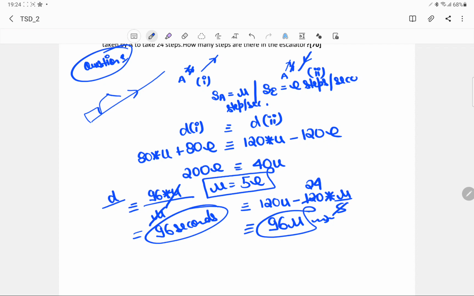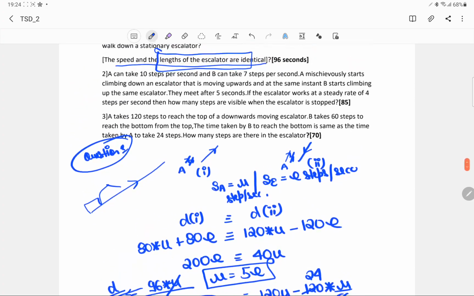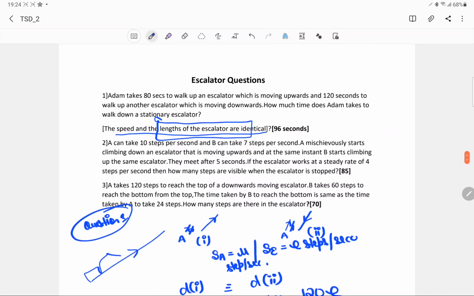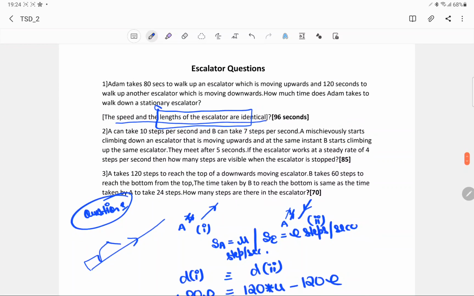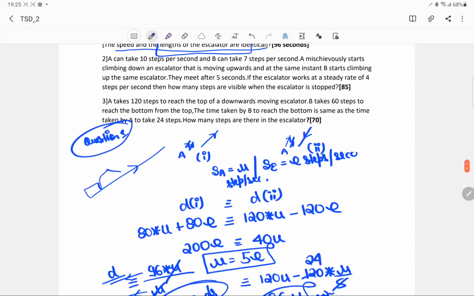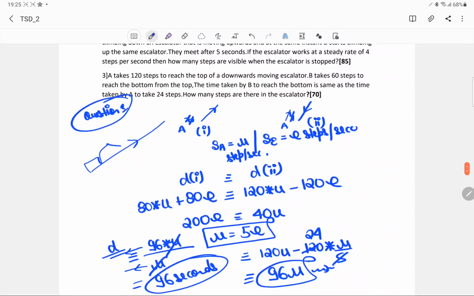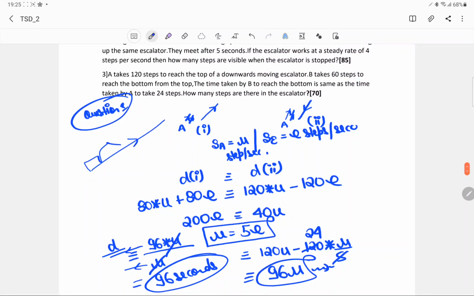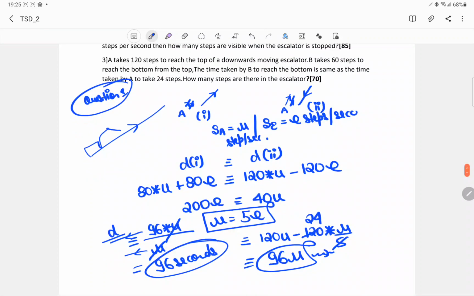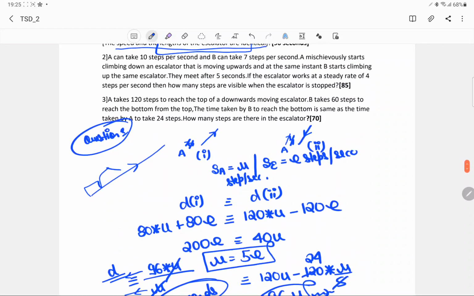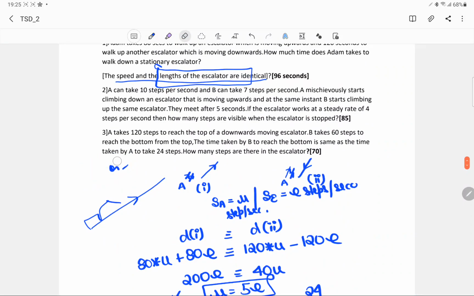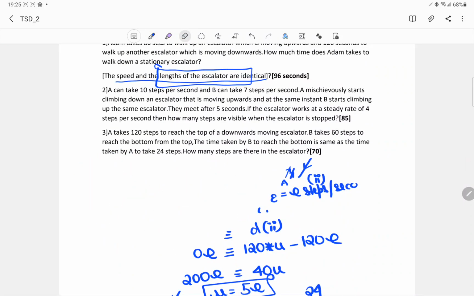Distance upon speed is time. So Adam will take 96 seconds to move to the top. I hope you got it. Because the length of the escalator had to be equal, we equated the distance and were able to find the time it will take on the stationary escalator.